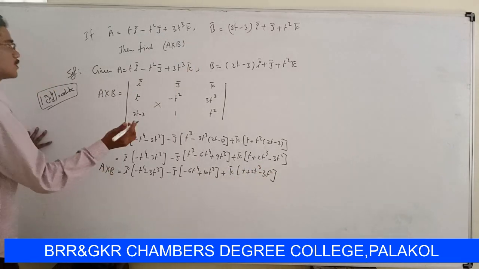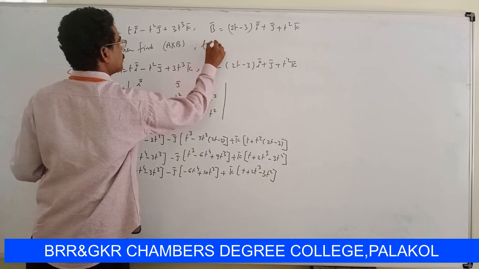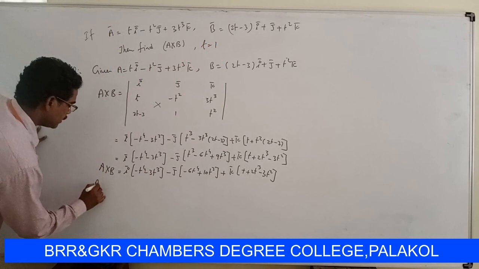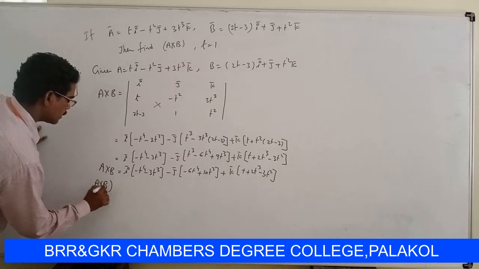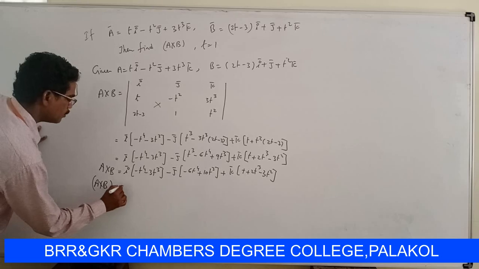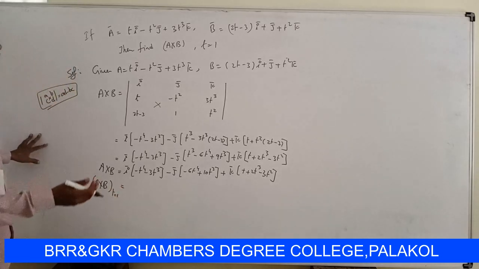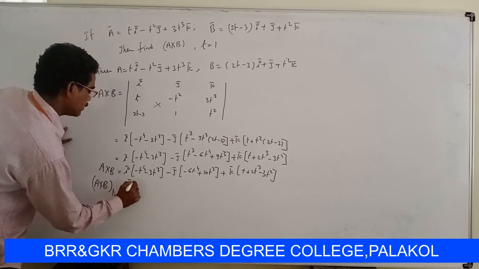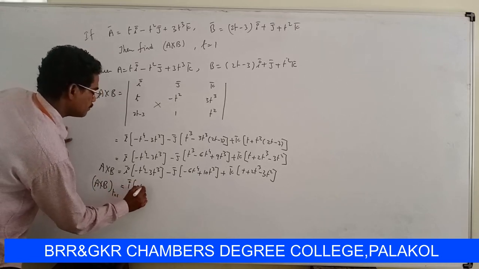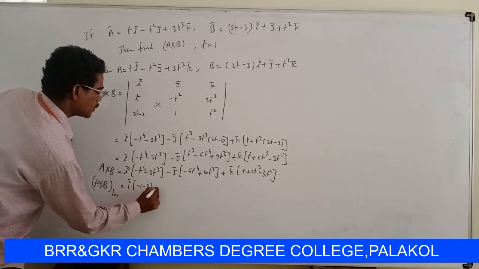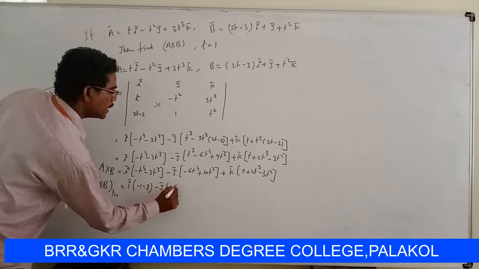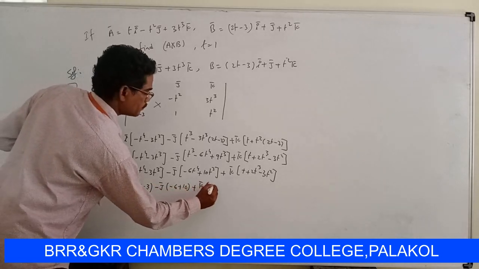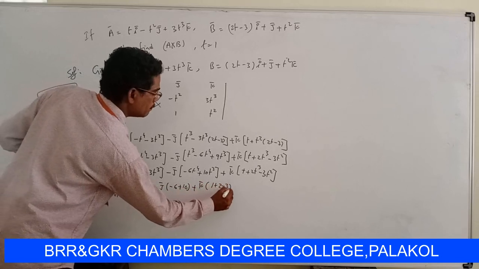Suppose t equal to some constant, at the point 1, 2, 3 or anything. Then a cross b at t equal to 1. Here substituting t as 1: minus 1 minus 3, minus j into minus 6 plus 10, plus k into 1 plus 2 minus 3.